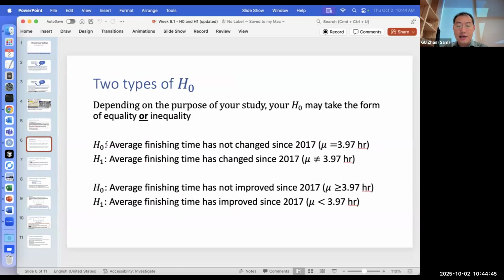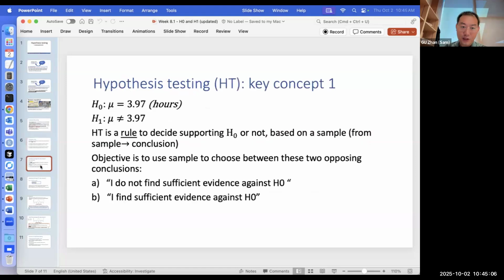So the null hypothesis is that the average finishing time has not changed. The alternate hypothesis is that it has changed since 2019. In 2019 we have observed the average is 3.6 hours, so the true mean is not equal to 3.97, which is the alternate hypothesis. We are going to collect samples.